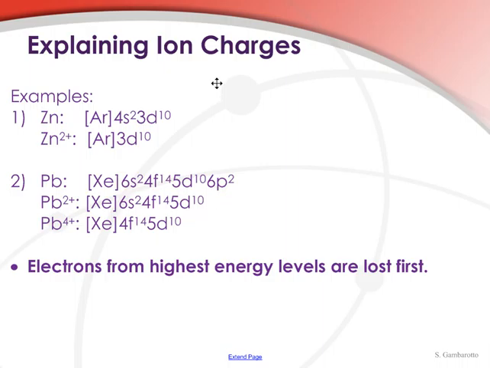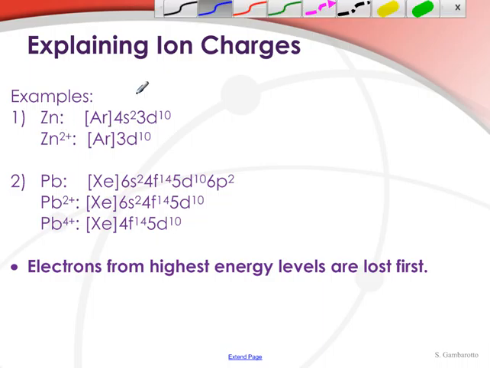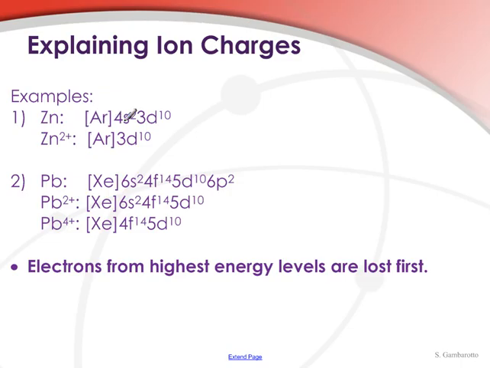Alright, now that we know a little bit more about electron configurations, we can use them to explain why the ions of your transition metals are kind of unusual, and why we use the periodic table to determine what the ion charges are. Let's look at zinc for my first example. Zinc has an electron configuration of argon as its noble gas, and then the rest of it is 4s2, 3d10.